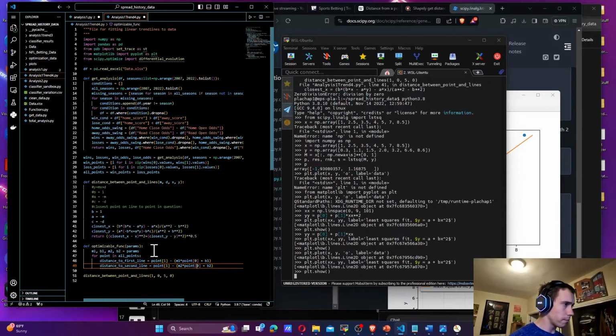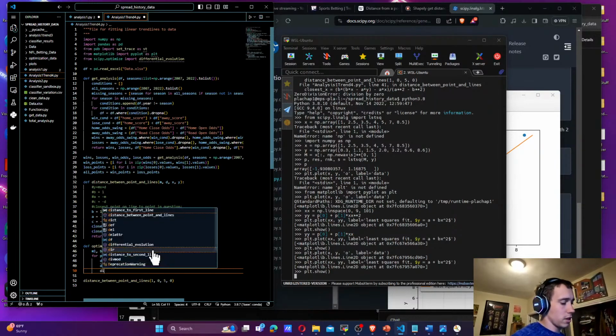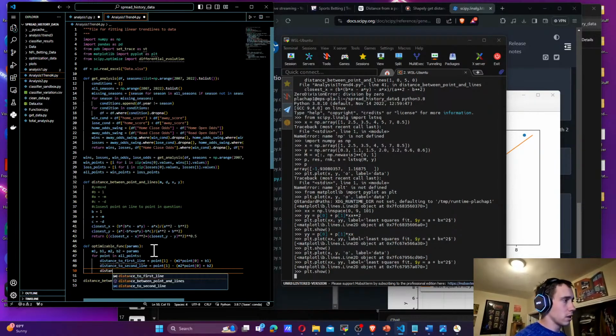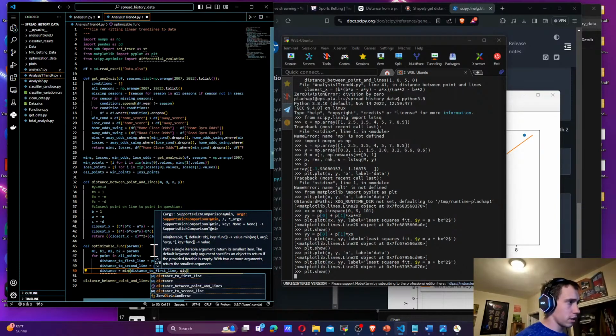Alright, cool. Now we just want whichever one of those is less. So distance is equal to min of distance to first line, distance to second line.